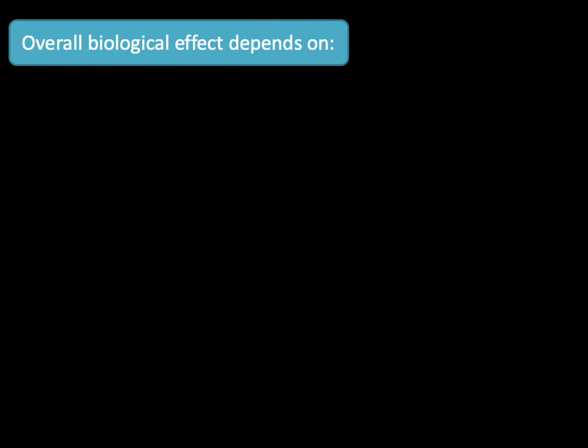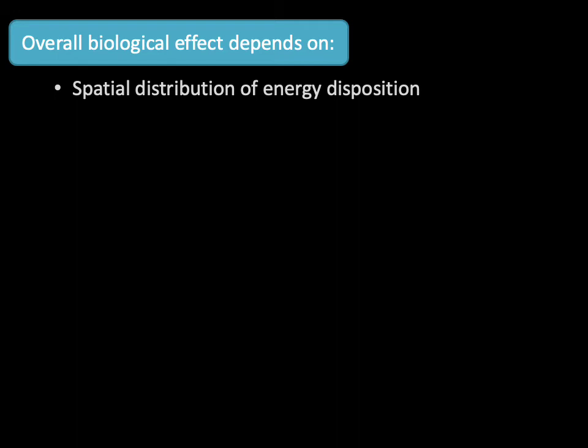Okay, so there are some things that we still don't know. What are some other things that we do know? There are a handful of factors that we know influence biological effects of radiation. One, which we've discussed a fair amount already, is the spatial distribution of how the energy is deposited. We've seen that energy deposited near DNA is more damaging than when it's deposited in other parts of the cell. Dose, which is the amount of energy deposited per unit mass, will also affect the cellular response.